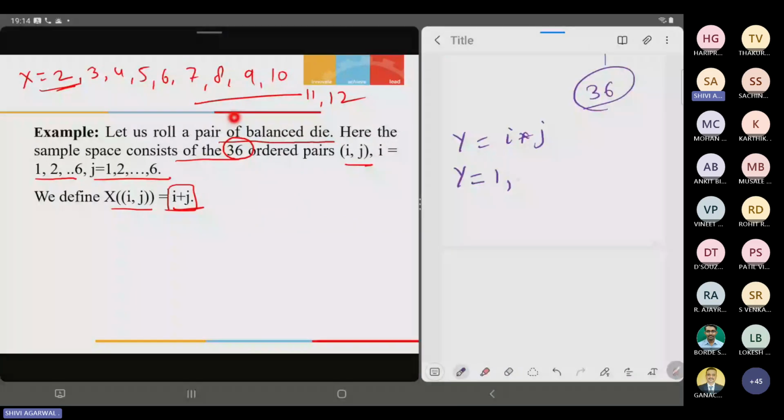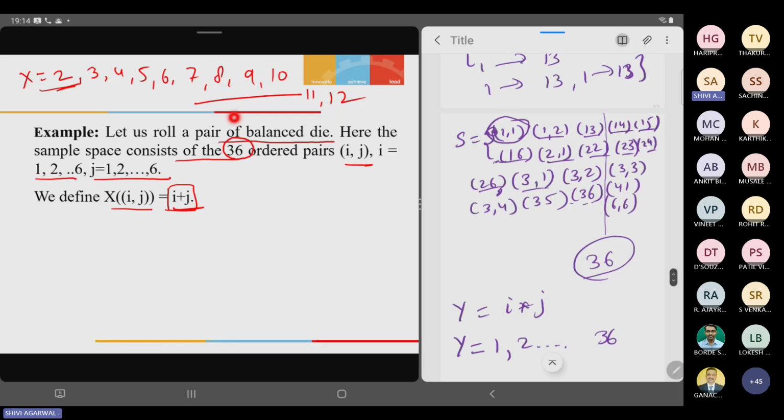Can you tell me? 36. So maybe not all values from 1 to 36 will come, because here it is 1, it is coming 2, 3, 4, 5, 6, and then 2, 4, 6, 8, 12, and so on.